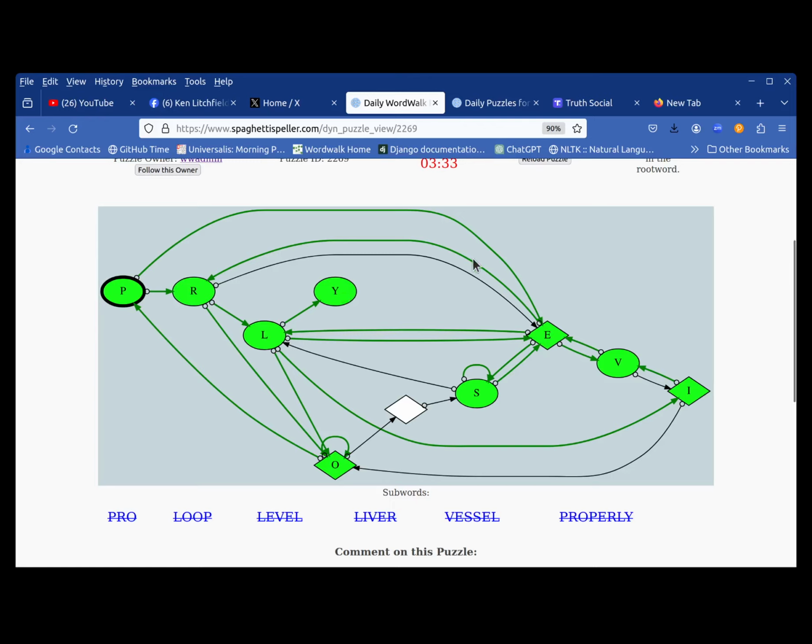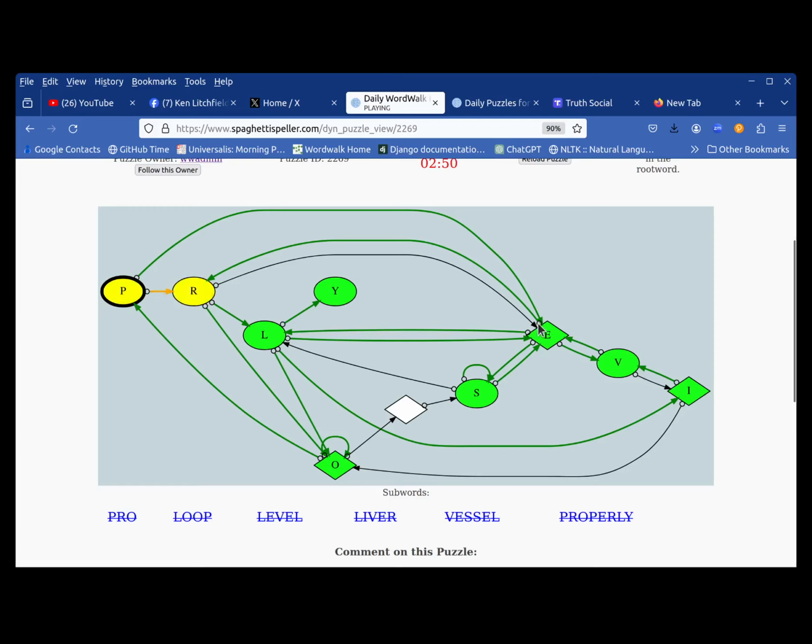Let's take a stab at what we think the root word is. Now it begins with P, of course, we know that. And we see from the R to the E, we have a letter, so there has to be an R-E in that word. Also, there is from S to L. And before that, there's from O to whatever this is, to S. In fact, backing up even more, we got from V to I to O to, and I'm guessing this is U, S, L, and probably Y. Obviously, that seems like the word is previously.